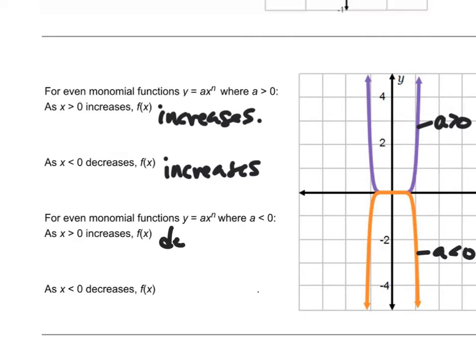So as your x values get big, your y values get smaller. Same thing, as x decreases, as you look to the left, what happens to the y values? They also decrease. And these are for even monomial functions. It's always the case.